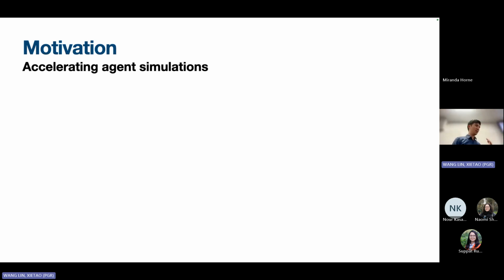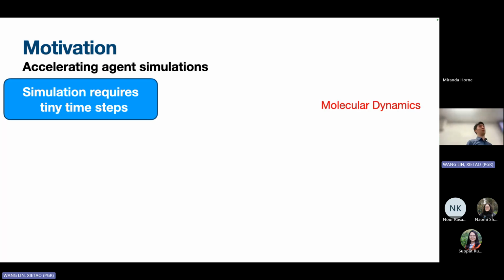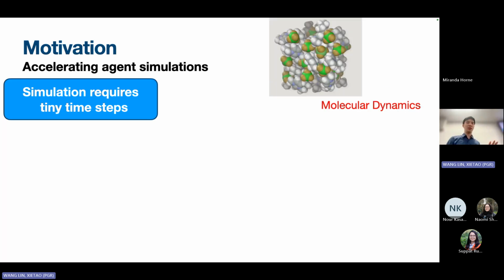One of them is that a lot of times the simulation requires very small time steps. One example of this is molecular dynamics, where the time step is of the order of 10 to the minus 15, and the simulation needs to run until the order of seconds. So that's 10 to the 15 steps that you have to take.